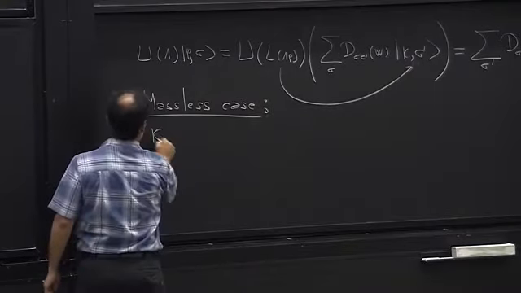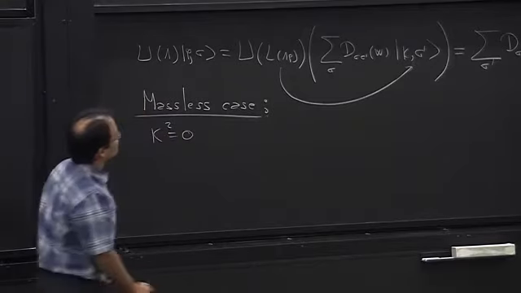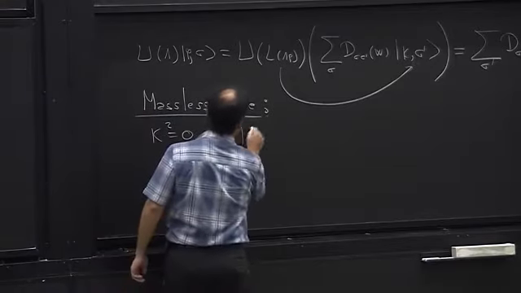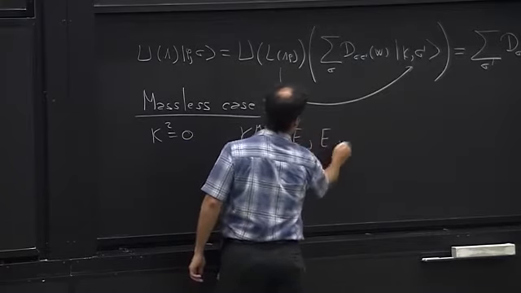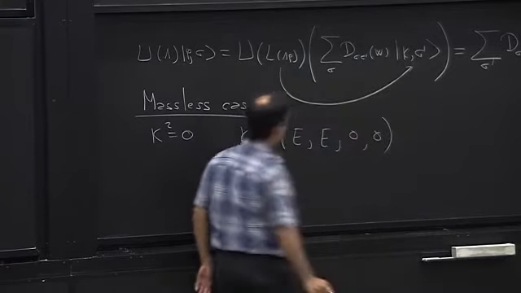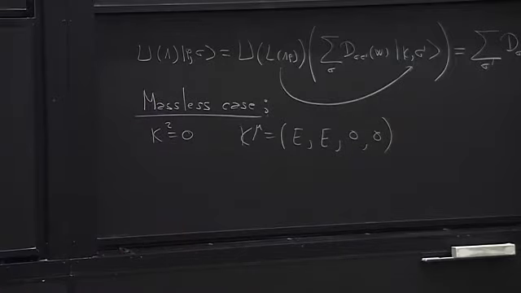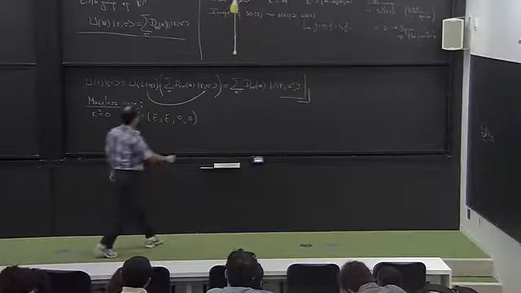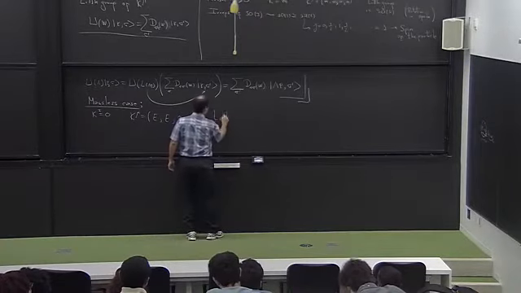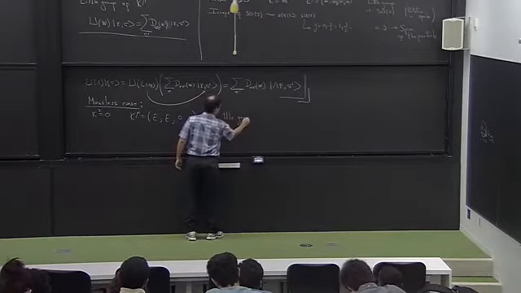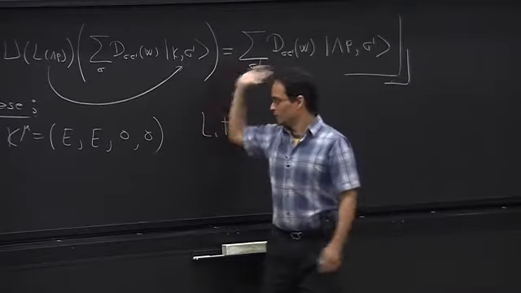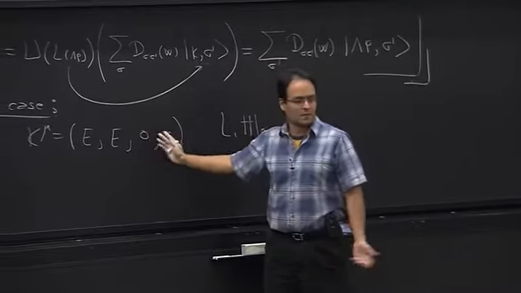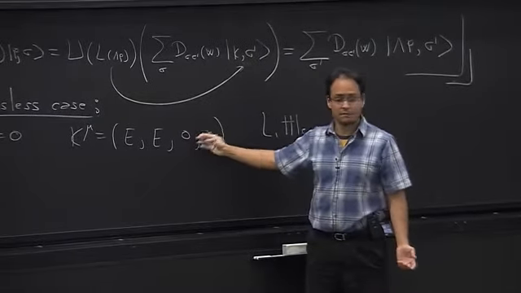So in this case, we have k squared equal to 0. So what would be a good choice? A good choice would be, say, this one. So what's a little group now? Well, just from looking, we could say, well, something that leaves this invariant would be fine.